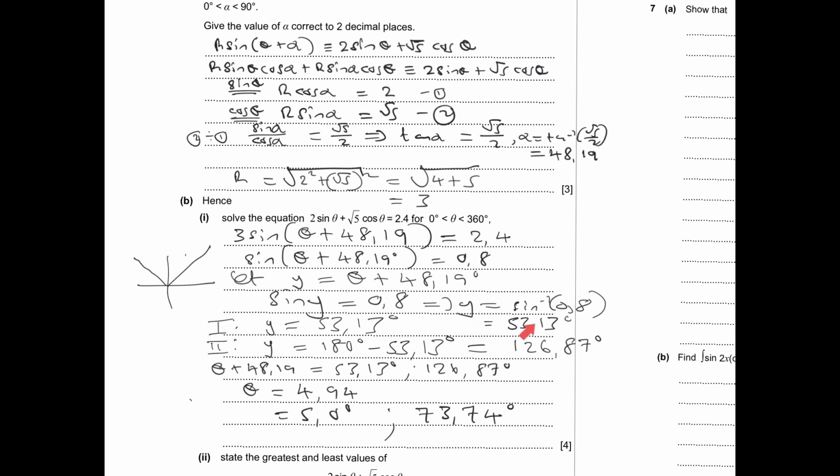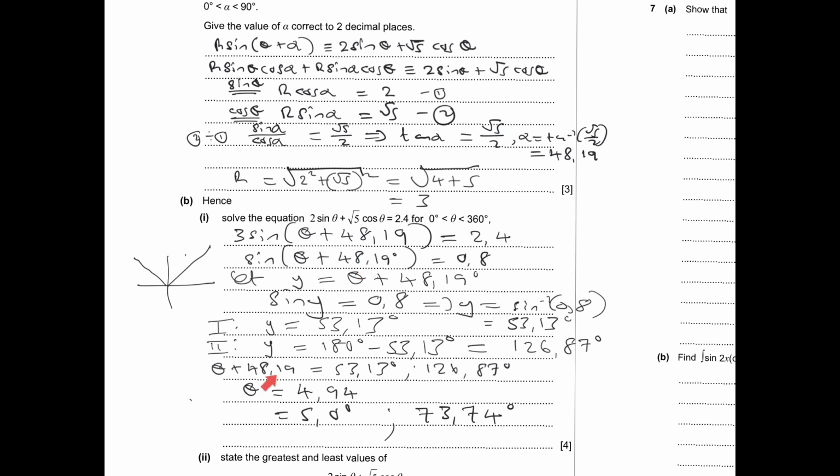First thing, we get the basic angle, and that's what we got there. And of course, we realize that the sine is positive, so that should be in the first quadrant and the second quadrant. So first quadrant, we know y is equal to 53.13. Second quadrant, that should be 180 minus the basic angle, which is that. Then, of course, we can go back to deal with theta, to find our theta.